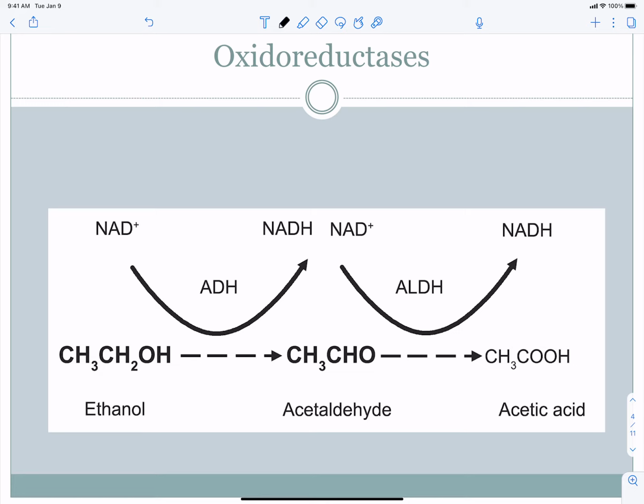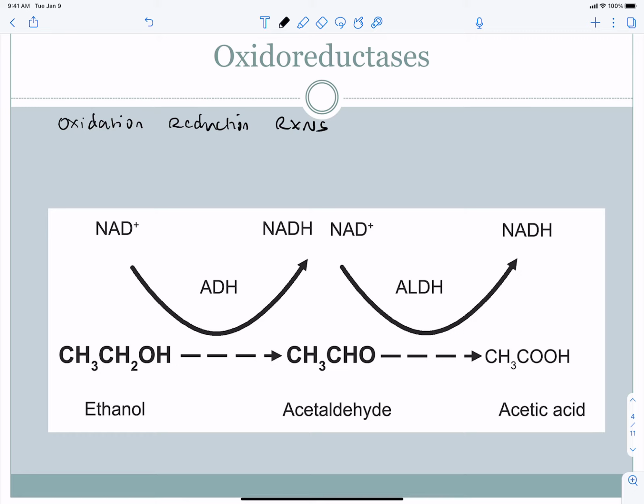So oxidoreductases are basically going to catalyze oxidation-reduction reactions. And basically, electrons are going to be transferred from the reductant to the oxidant. So you are going to move hydrogen, for example.